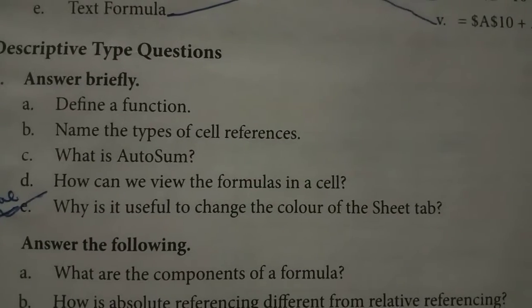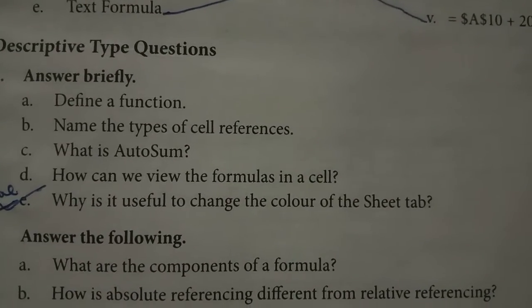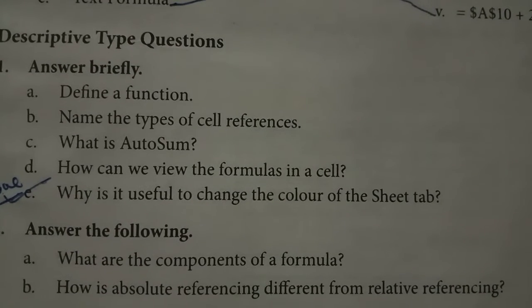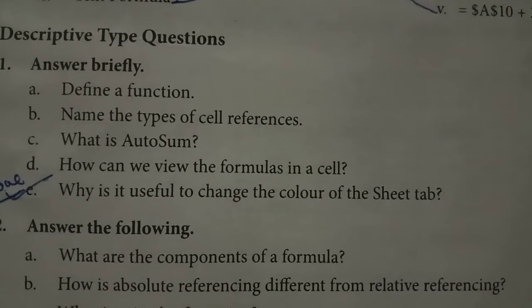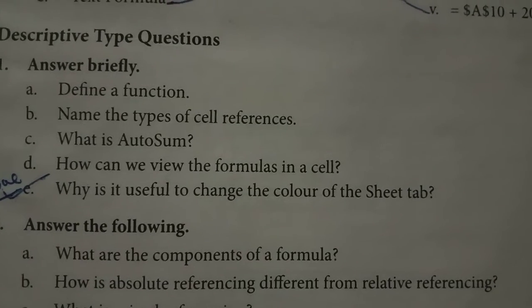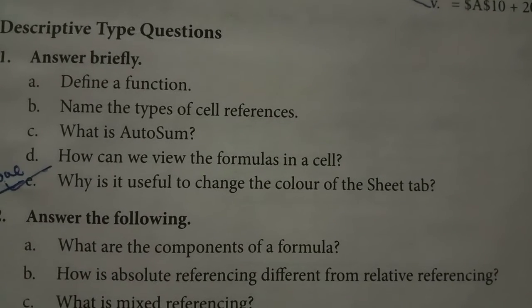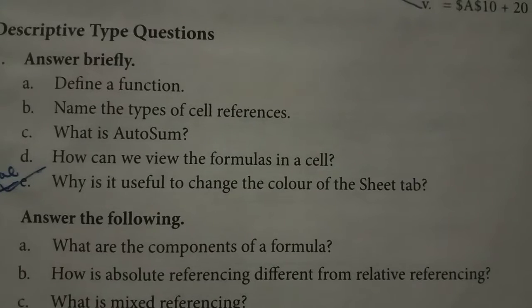Question number three, what is AutoSum? AutoSum means automatically selecting the values around the cell, either horizontally or vertically.